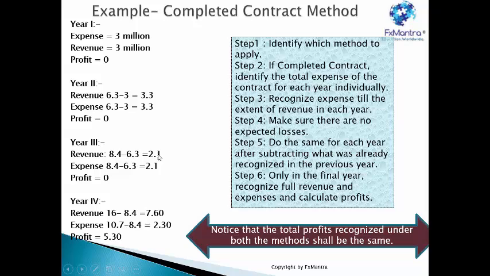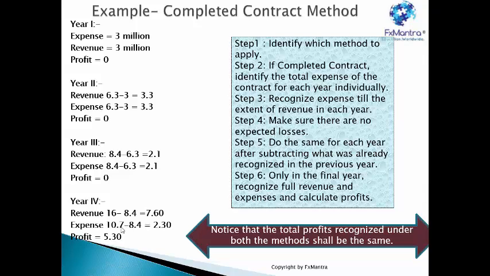Only in the final year, I know that the project is 100% complete. I am still having a probability that I will get the revenue. I am not in a position of a loss. So in the final year only, I recognize the full revenue of $16 million and the full expense of $10.7 million in one shot. Why?